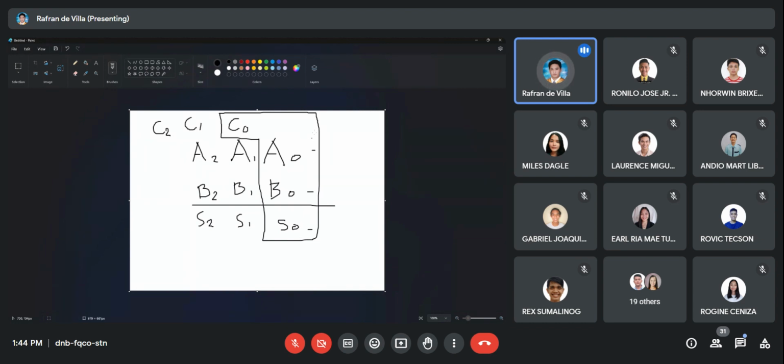Now, when you are designing the full adder circuit, this is what it is based on. So you have here A1 plus B1 plus C0, which serves as the carry out from the previous bit position. You have your output S1 and another output, your carry 1.